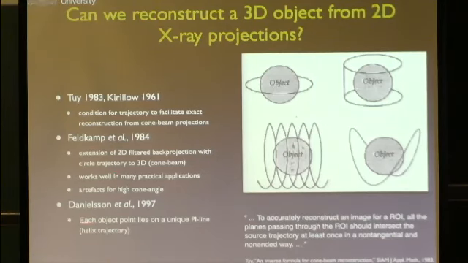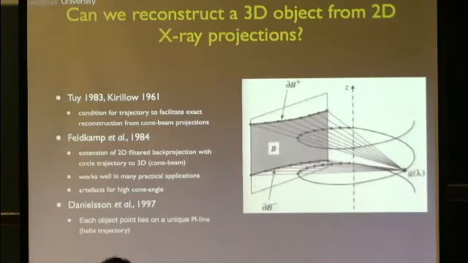Further along, in '97, we have a result which was used by Katsevich later to say that for a helix, if we have a source and a detector, any point inside an object which we can find here will be on one pi line, as he referred to it.